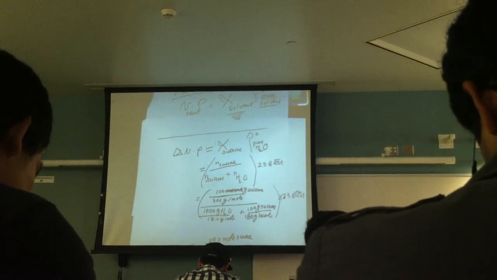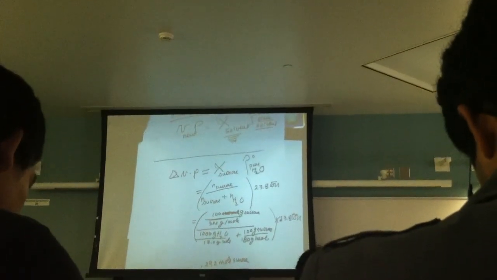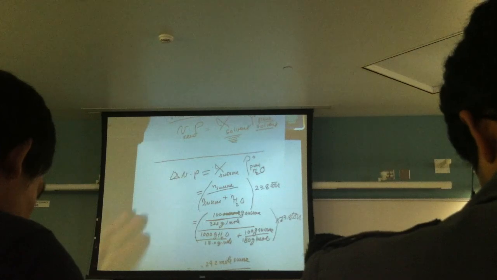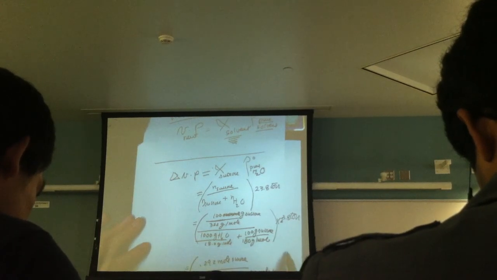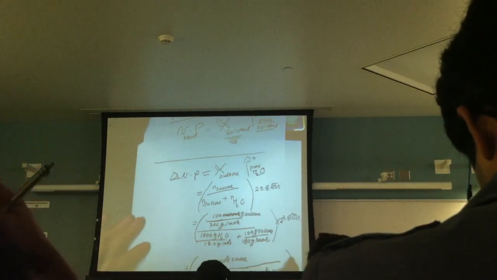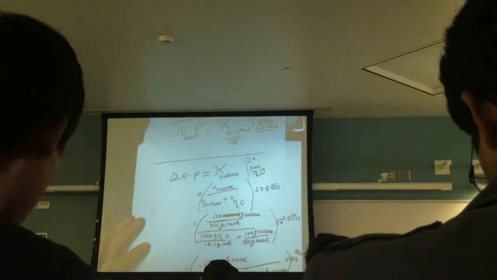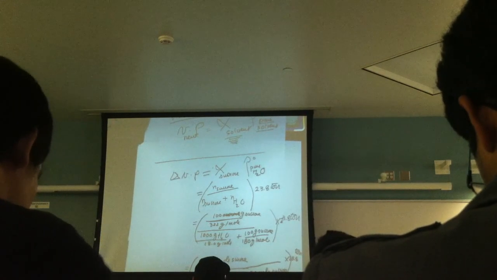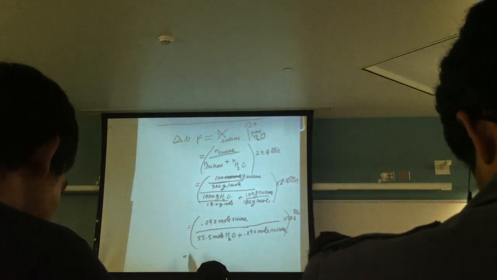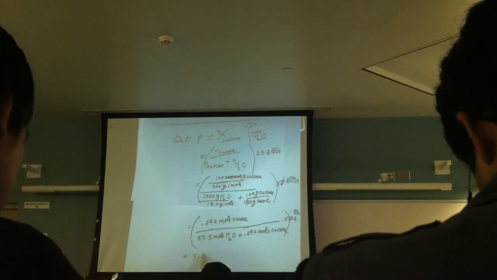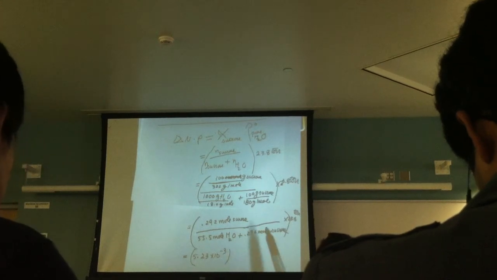5.5 mole water. 0.292 mole sucrose. That's the mole fraction. All this multiplied by what? 23.82. What is the unit of mole fraction?